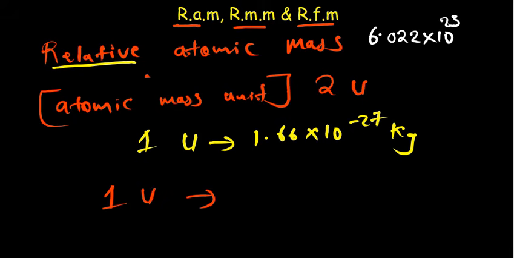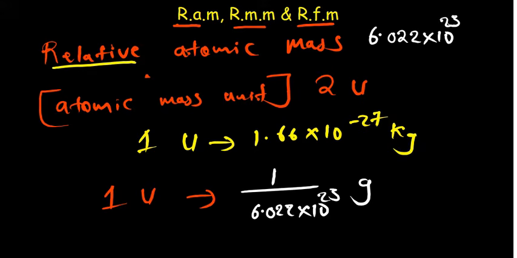So 1 over Avogadro's constant, in grams, is equal to 1 atomic mass unit. If you divide 1 by 6.022 times 10 raised to the power 23, the answer is 1.66 times 10 to the power negative 24 grams.